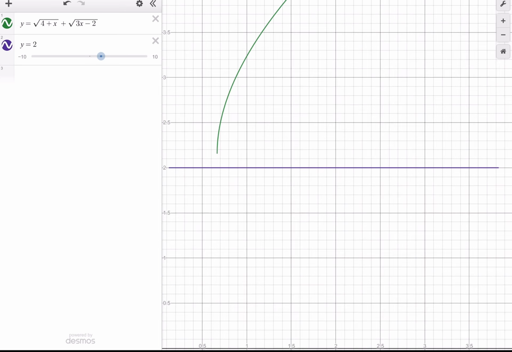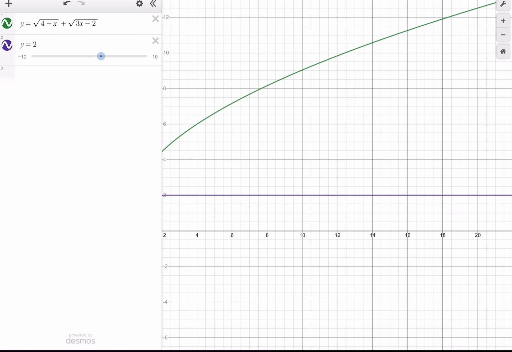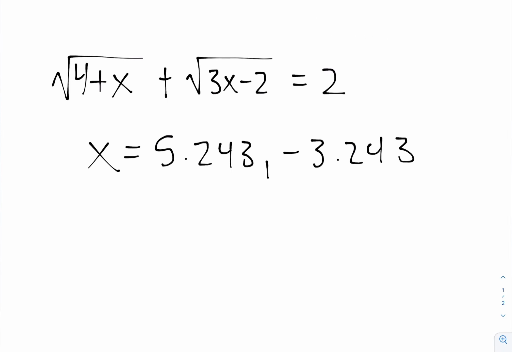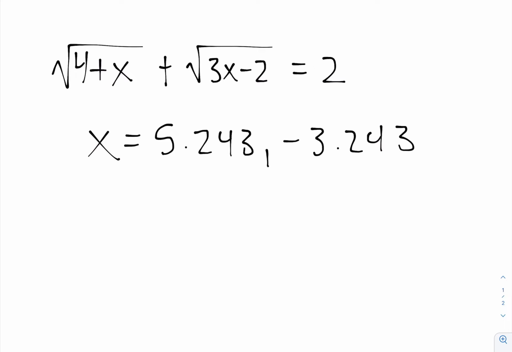So it actually turns out that neither of those solutions were right. My guess is that one of them was extraneous, and one of them didn't fit our restrictions. The reason we have restrictions is because if we look at the inside of our radicals, our radicands, we can't take the square root of negative numbers.